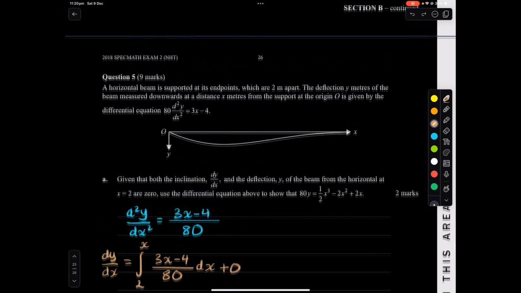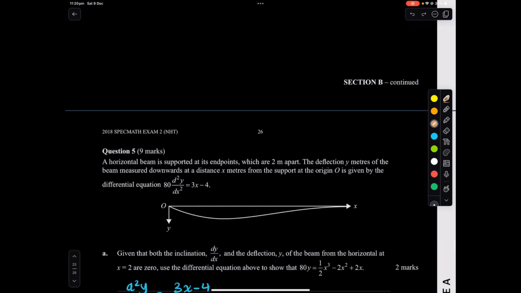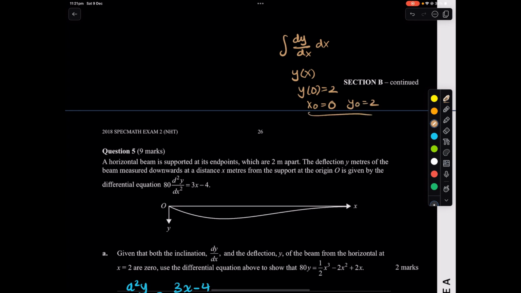Let me explain what I just did. If I know dy/dx, and I'm integrating to get y of x, and I already know a point of it, like y of 0 is equal to 2, let's say, so your x naught is 0 and y naught is 2, then I know an initial condition.